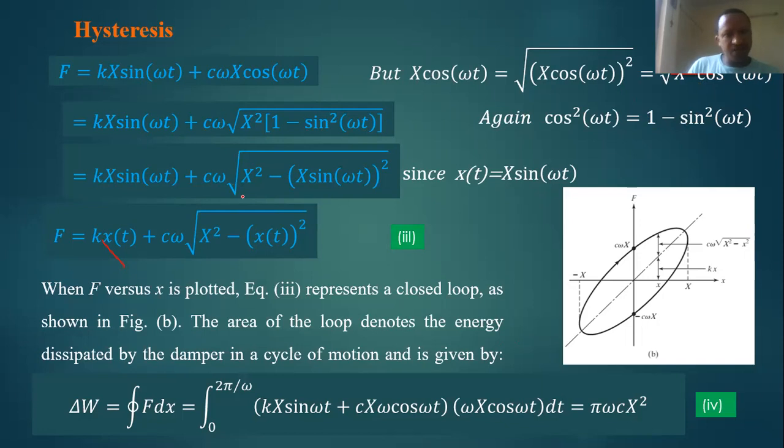Cω is Cω, so X square minus X sine omega t is the whole square. X sine omega t means, in the solution given, it is x of t. So x of t is equal to X sine omega t. Let's substitute this, so X square minus x of t square.